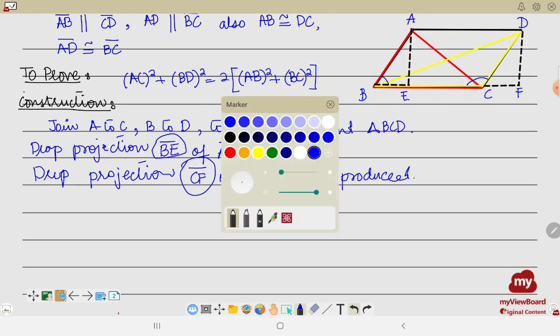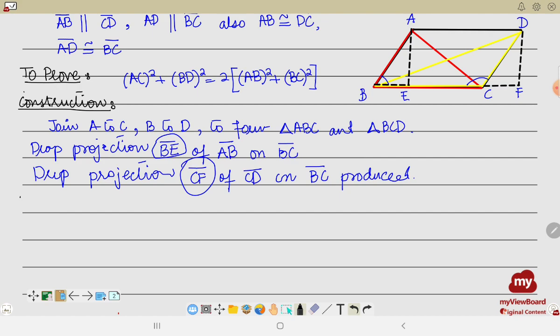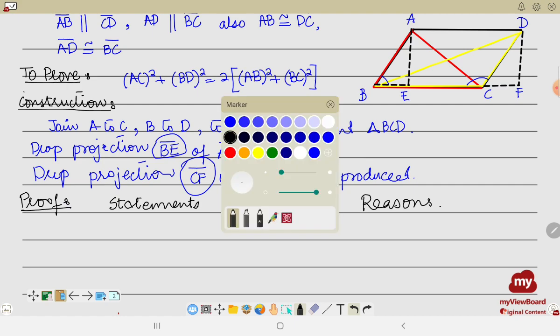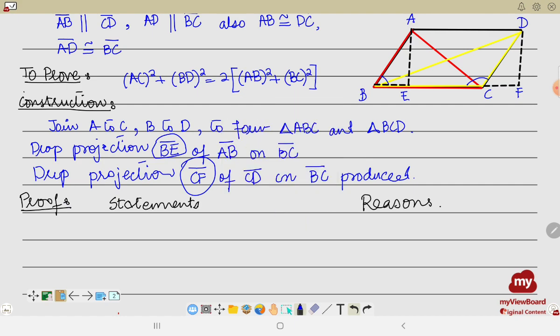Okay. Proof: statements with reasons. Let's start with the first statement.